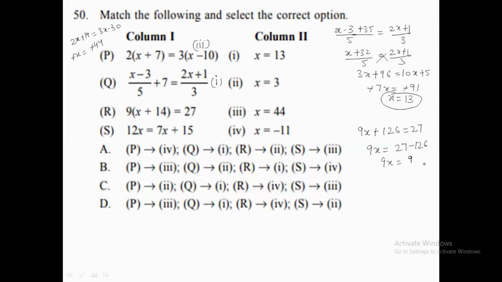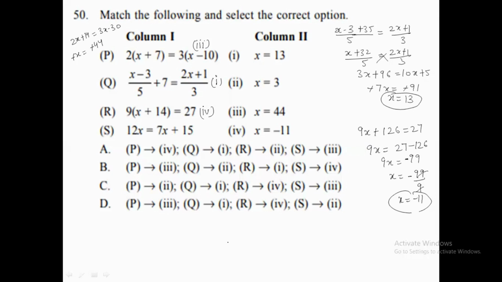We are getting minus 99. So x is minus 99 by 9, so we get the value of x as minus 11. That is here in option number 4.